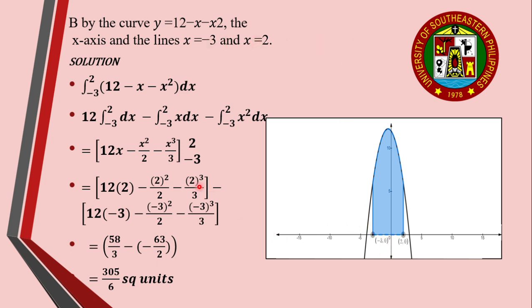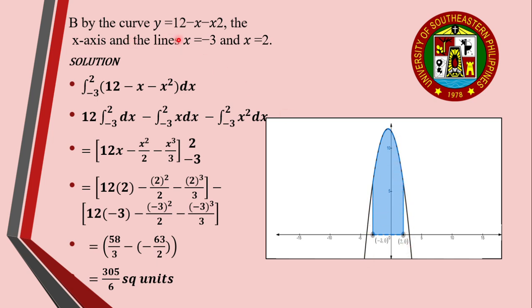So what we're going to do now is to find the area of the function given the interval from negative 3 to 2. By using the integration, we can find the area under the given function. This is the black line right here.